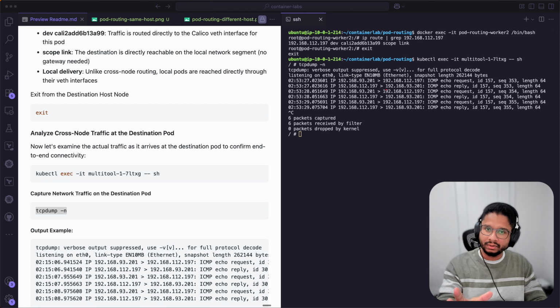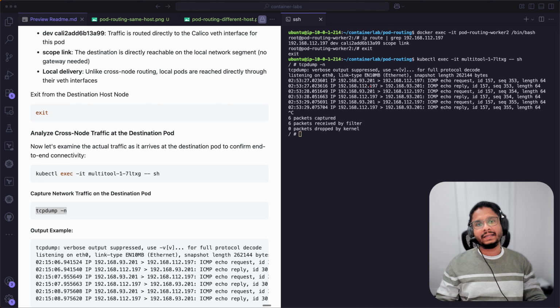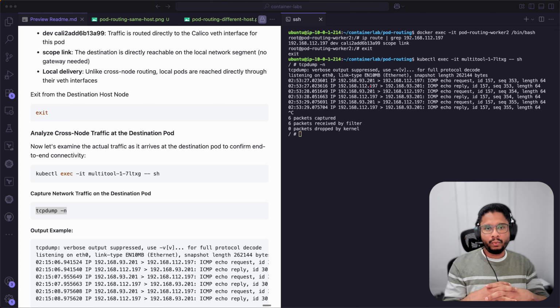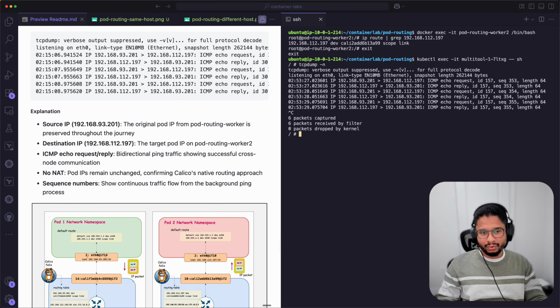And the important thing again here is that this pod sees the source IP of the pod that initiated those ICMP requests, right? So there's no NAT that takes place when pods in different nodes communicate as well, similar to the first scenario, right? All right, so that's how you can validate pod-to-pod communication.